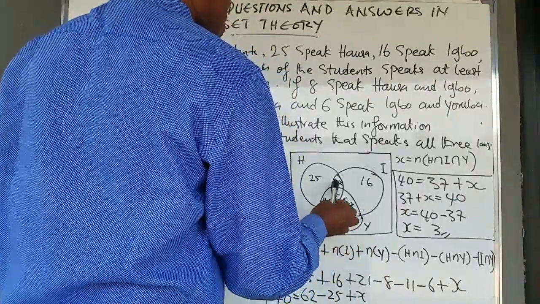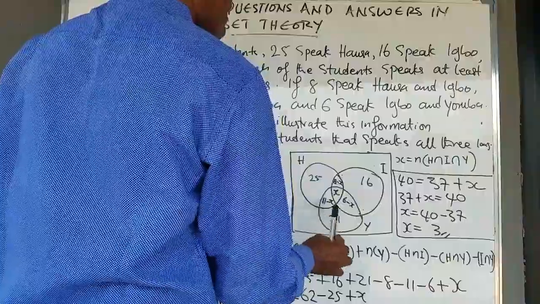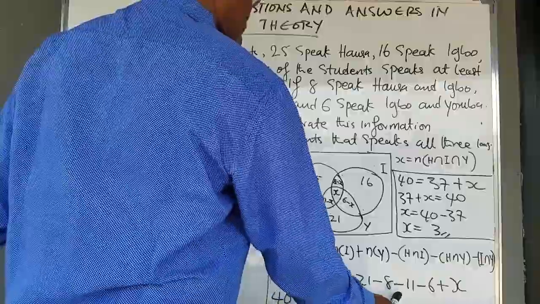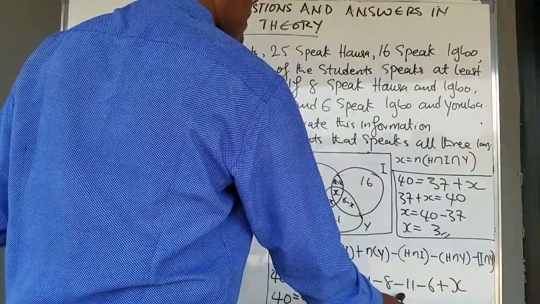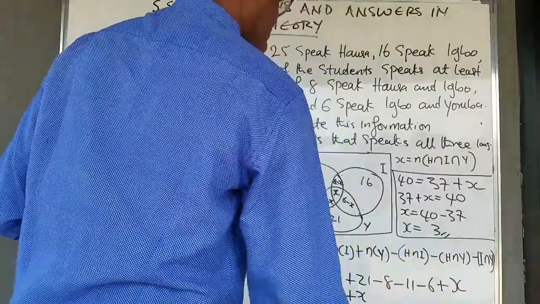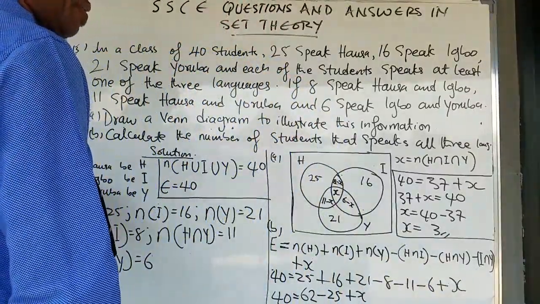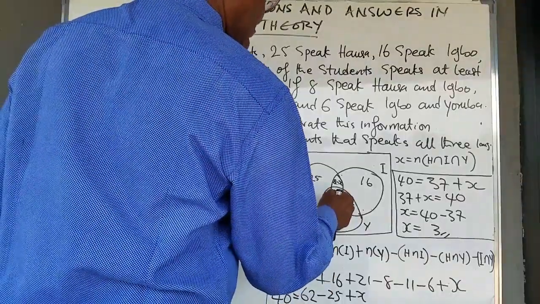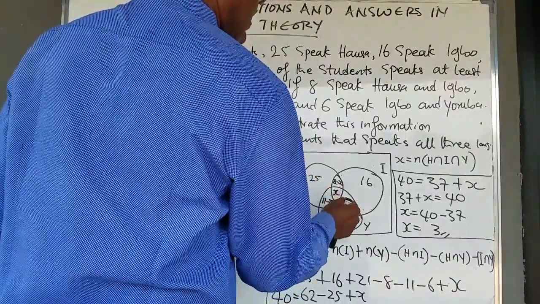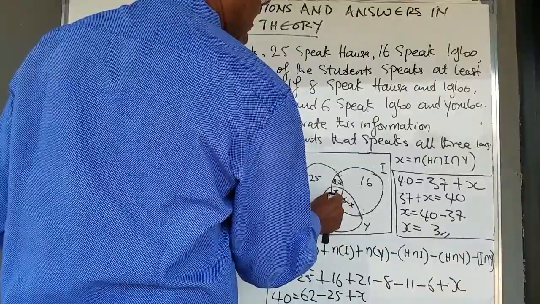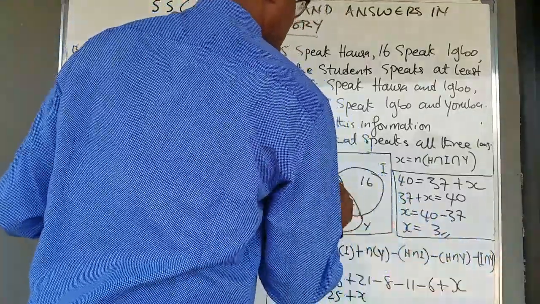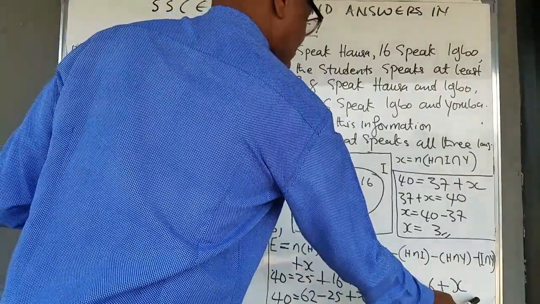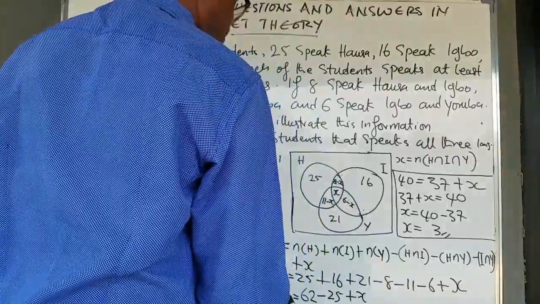You already have, you know, it's 8, 11, 6. So you just fix it. 8 minus 8 minus 11 minus 6. And then you start solving. And the answer will be looking at you. Why I wrote 11 minus X is to show you that this X now is not part of this 11. This 6, X is not there because I have to add X at the end. This 8 here too, X is not there. That was why I added X at the end. So at the end of the day, you get the answer.